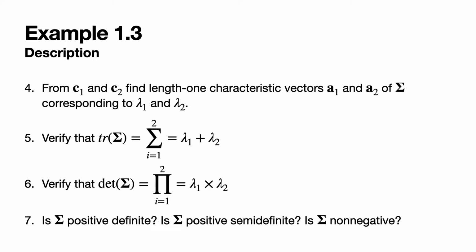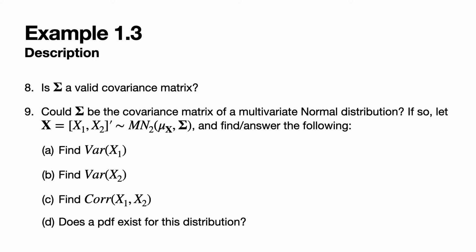Once we've answered those questions, we'll be able to answer the question, is cap sigma a valid covariance matrix? And then finally, we'll answer the question, could cap sigma be the covariance matrix of a multivariate normal distribution? If so, we'll define a 2 by 1 random vector x to have a multivariate normal distribution with covariance matrix equal to this particular sigma, and we'll answer the following questions.